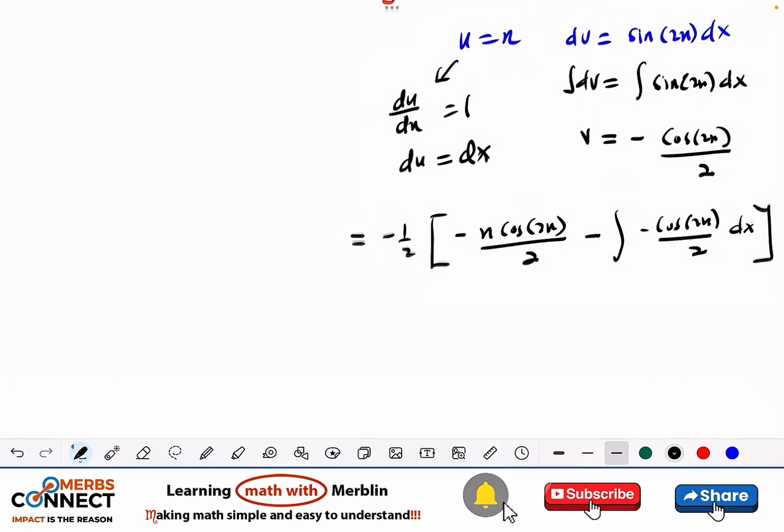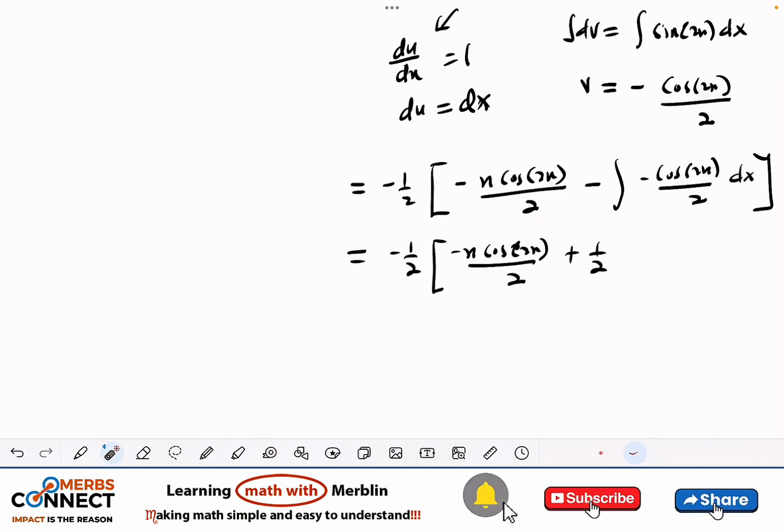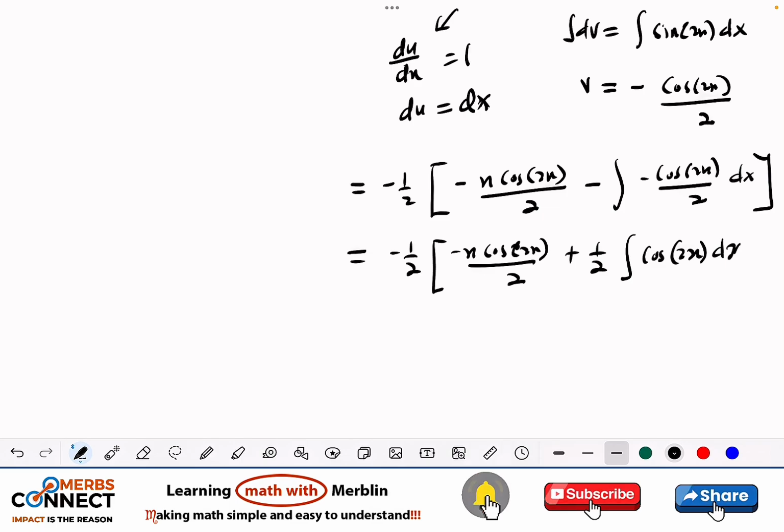So that's what we just need to do. We are done. So now let's go through the process by doing the simplification. So minus 1 over 2 times minus x cos 2x divided by 2. Now this is going to give us plus 1 over 2, because when I bring the minus and this will be out, then it will be left with cos 2x dx.